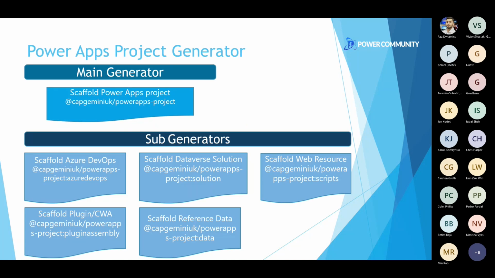So let's move on. Power Apps project generator, right? When you start any Dynamics or Power Platform project, what are the things you need to set up? You need a Power Platform environment where you will be doing your customization and configurations.